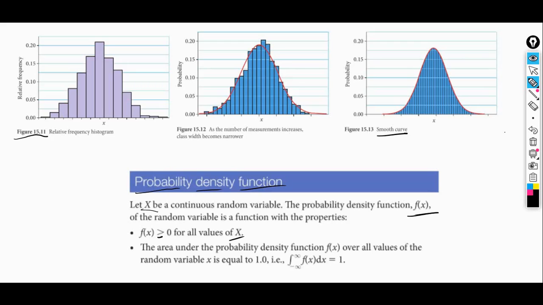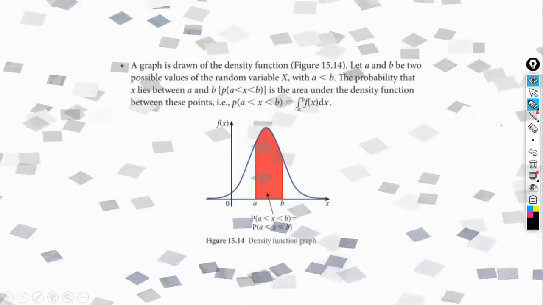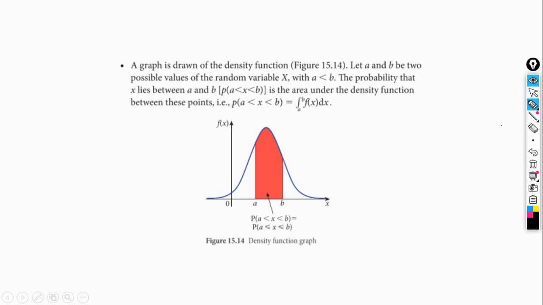And then, like we said before, the area under the probability density function over all values of the random variable x is equal to 1, but you get to 1 through the integration under the curve from negative infinity to infinity. Now, negative infinity to infinity is just a matter of definition, since in practice we will be working with restricted domains. In the next slide, we're going to find a graph that is drawn of the density function.